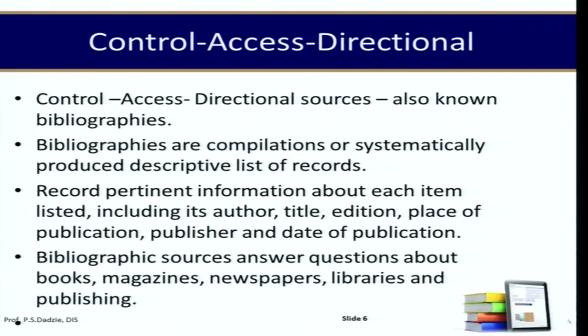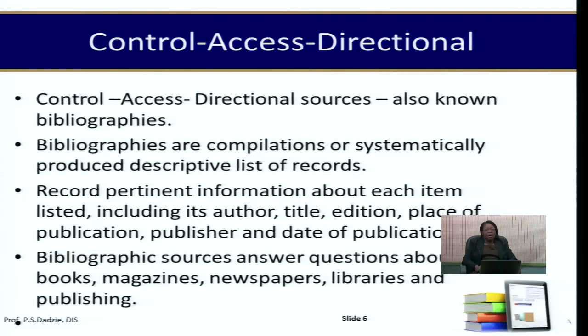So we start. What are control access directional sources? These are known as bibliographies. What are bibliographies? Bibliographies are lists. They are compilations or systematically produced descriptive lists of records.